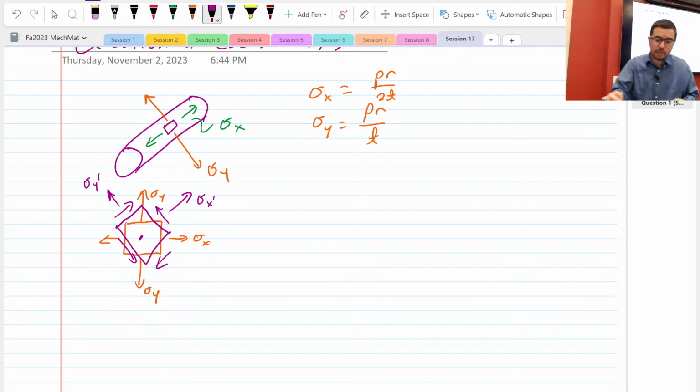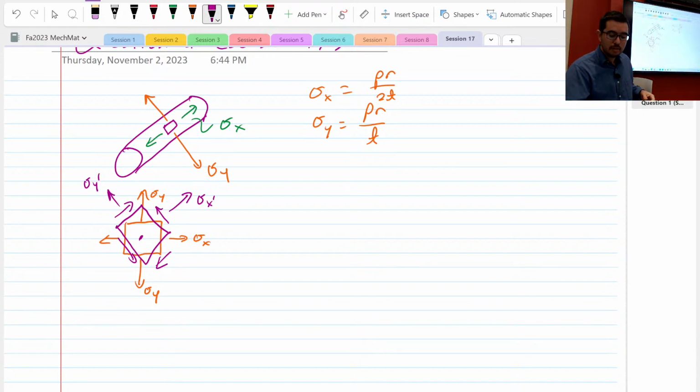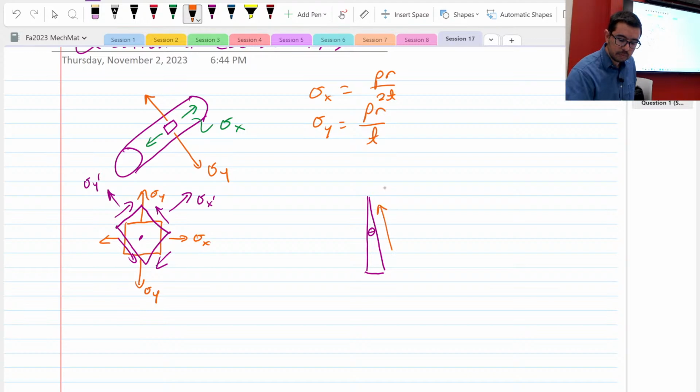The shear is going to come from equilibrium, right? When you do this cut, and what I highly suggest when you do this cut, is even though it says 45 degrees, make it exaggerated. Okay? So the shear stress that you're going to be interested in is tau x prime y prime.